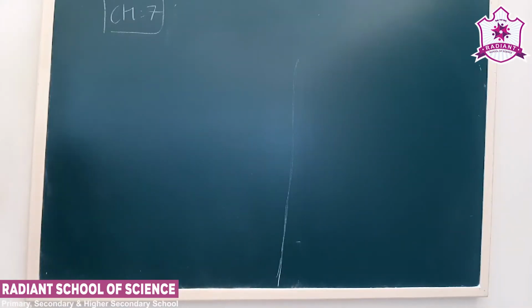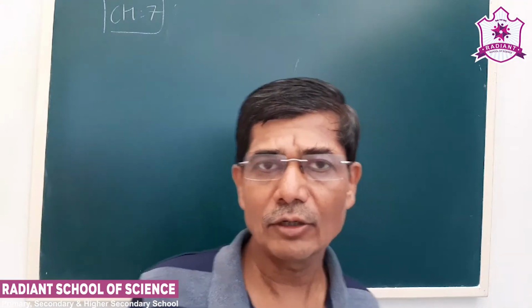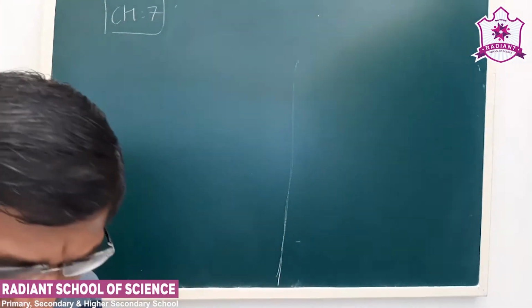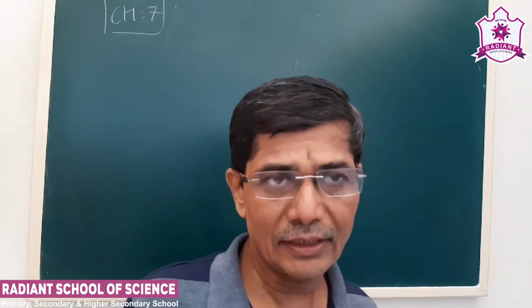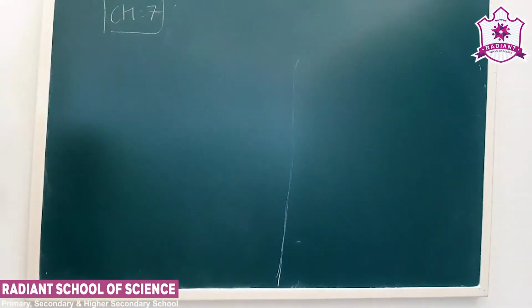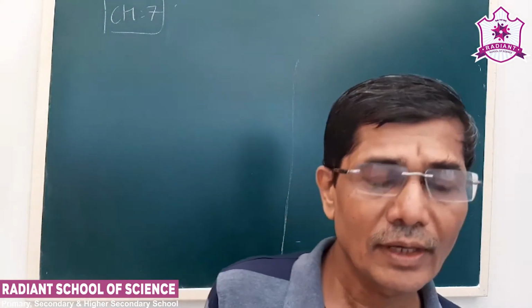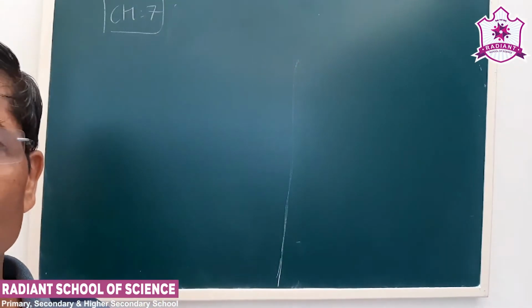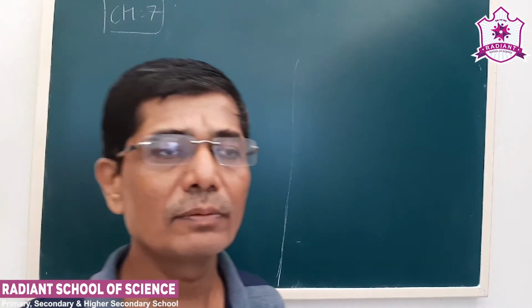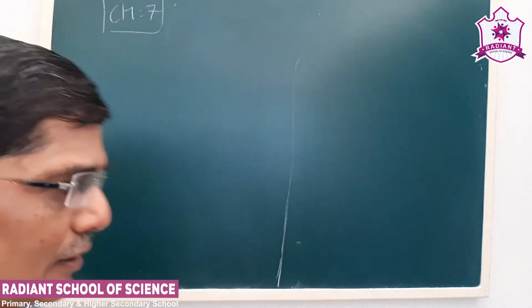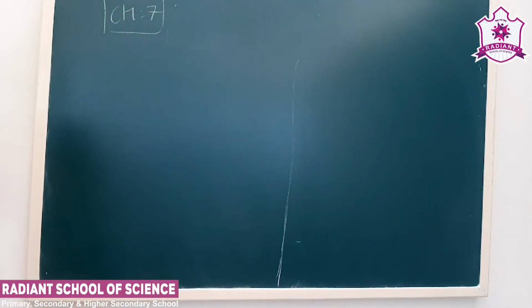Now see, just now we talked about the velocity of center of mass of a rigid body rolling without sliding. In lesson number 5 we studied the law of conservation of linear momentum. Now we have to study the law of conservation of angular momentum.